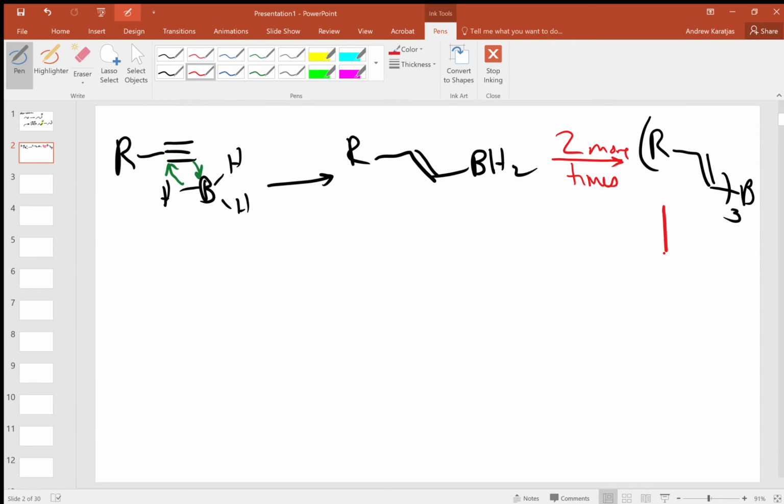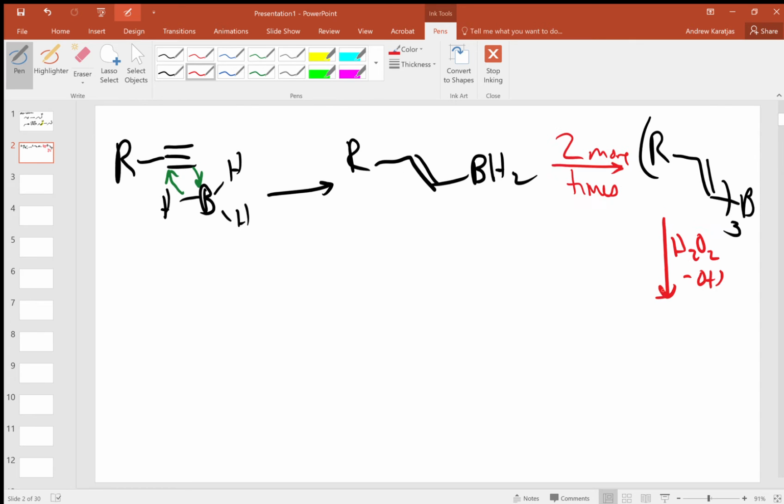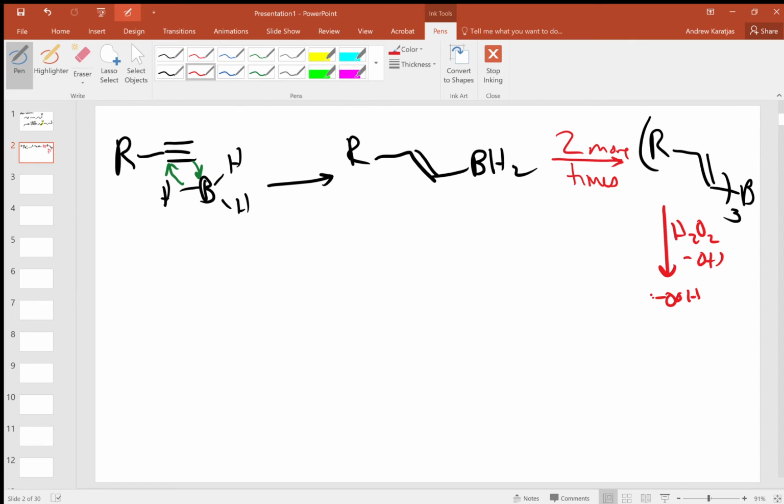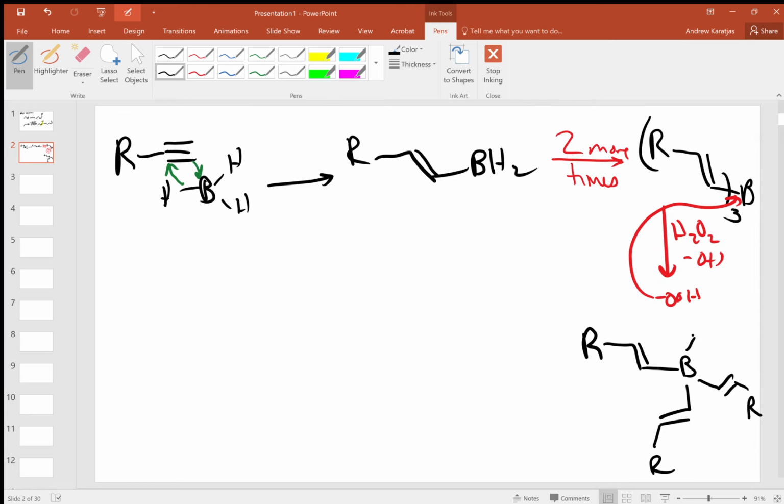This is the point in the reaction where you add the hydrogen peroxide and the hydroxide. And the deprotonated hydroxide will attack the boron, to give us this intermediate.